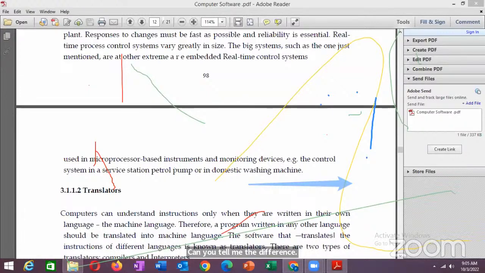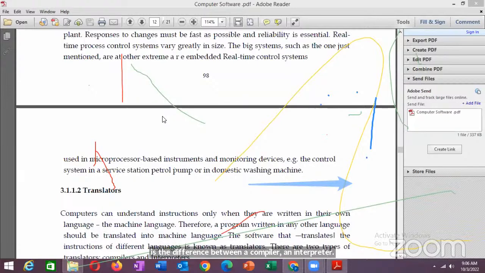Kindly tell me the difference between a compiler and an interpreter.